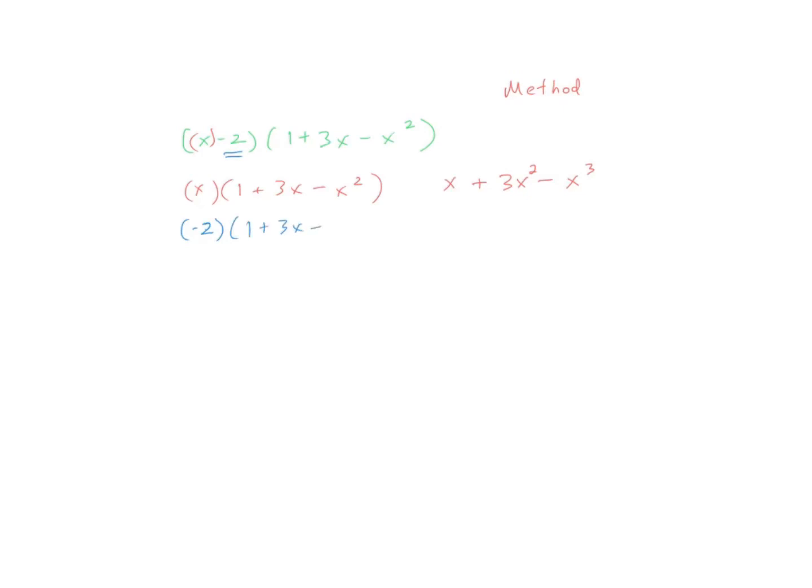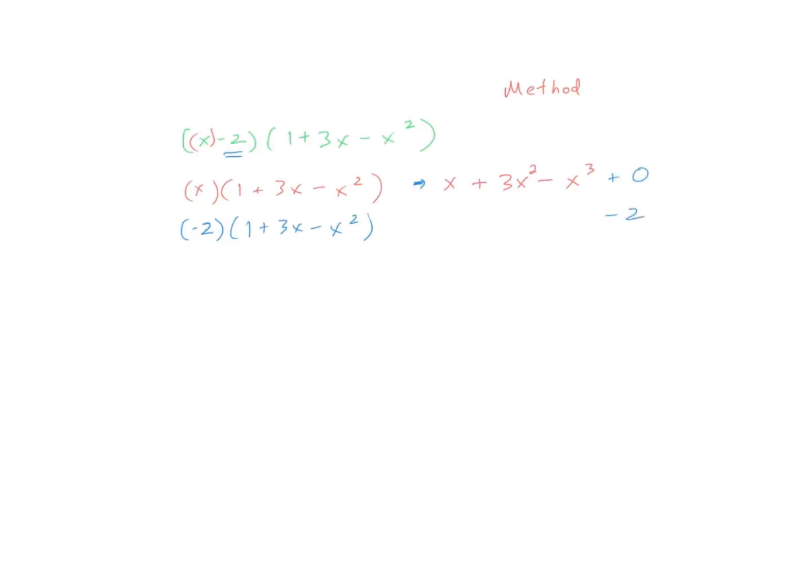What I like to do is stack my like terms. So if I get negative 2 times 1, I see that at this top level here, there's no integer, so maybe I'll just add a 0 so I could put a negative 2 underneath that.